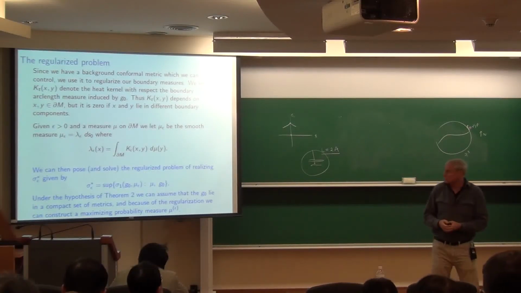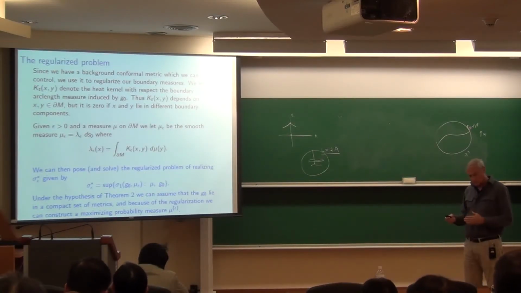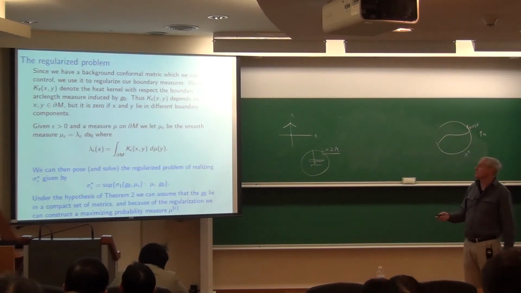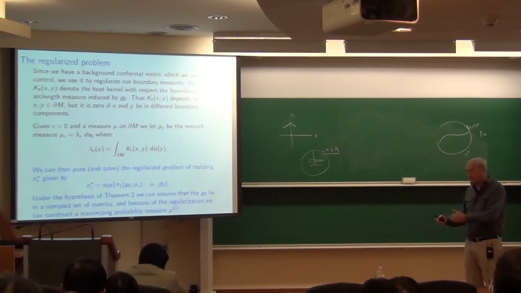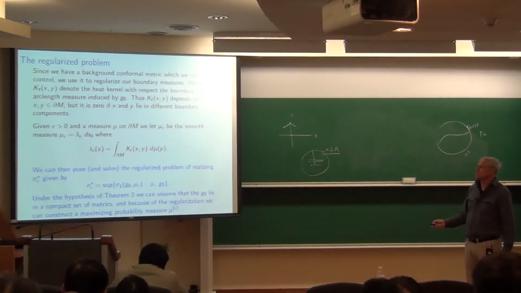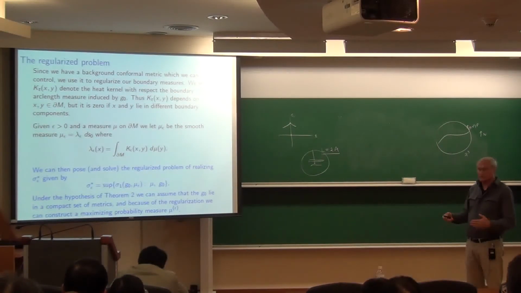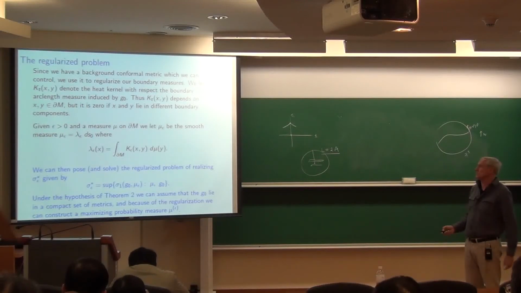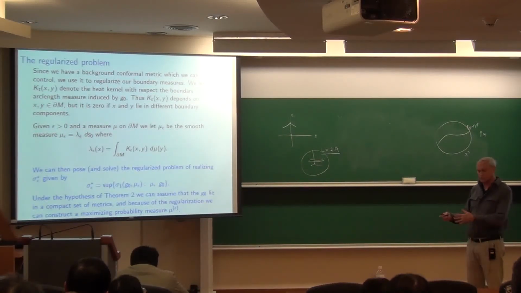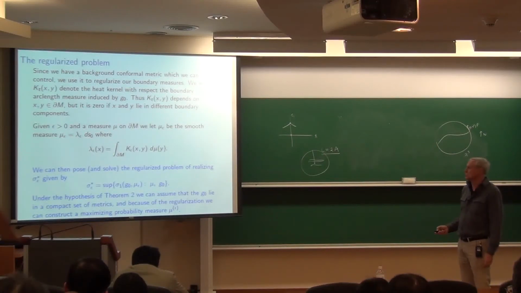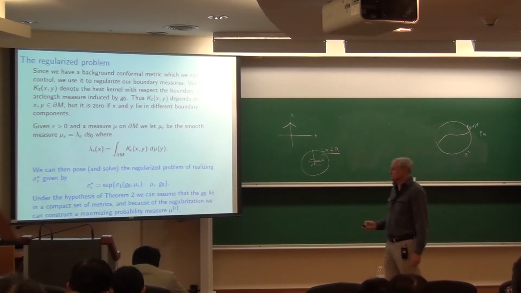So all the derivatives of mu epsilons are bounded. So when I take a weak star convergent sequence of mu's, I actually get C^k convergent measures of mu epsilon. Okay, so in particular, I have nice compactness results, and I can maximize it quite easily. So mu epsilon will be a smooth probability measure, which maximizes the problem.